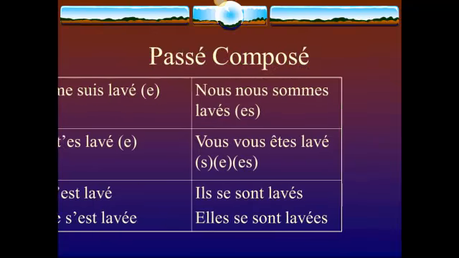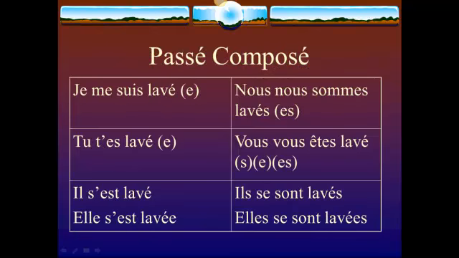Now the passé composé is a little bit different. In the passé composé, you have the subject, and then you have the reflexive pronoun, and remember that the passé composé has two parts. So in this case it's je me suis lavé.